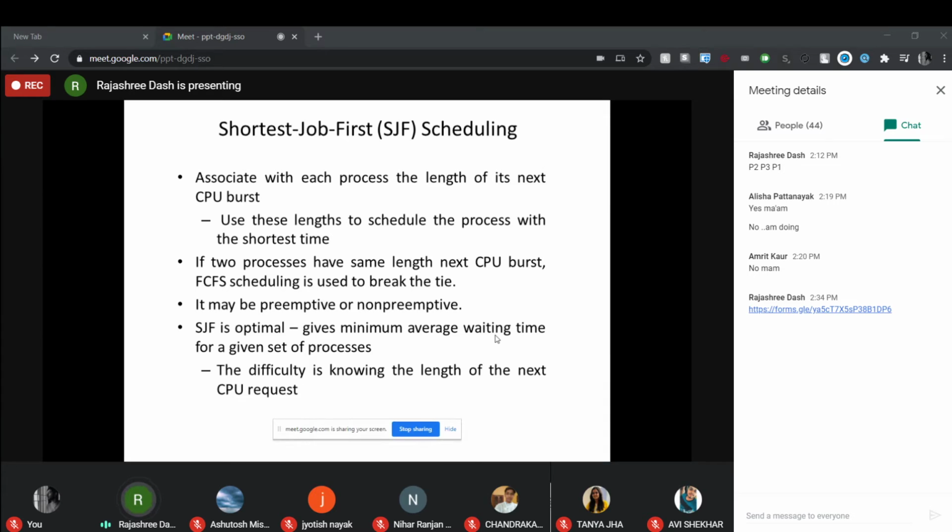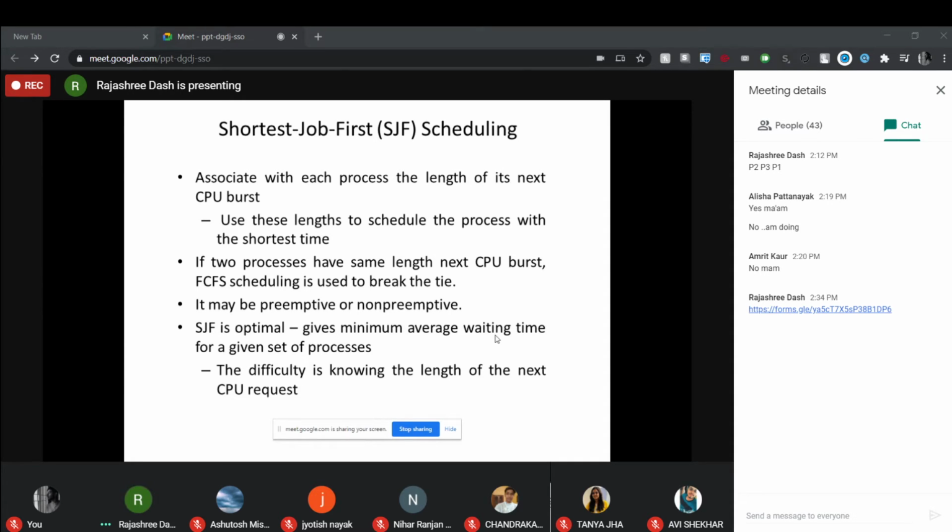Now in shortest job first scheduling, each process is associated with the length of its next CPU burst. When the CPU is available, it is assigned to the process having the shortest next CPU burst.